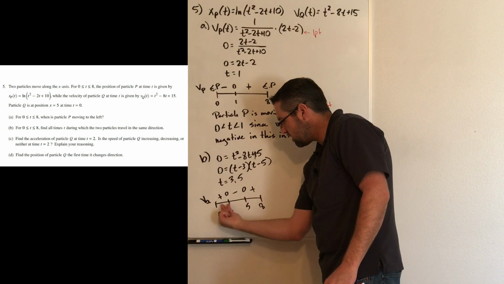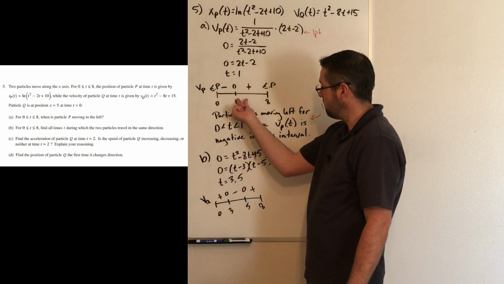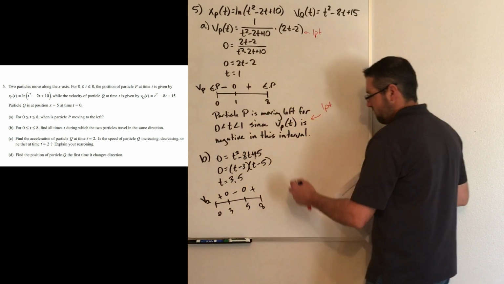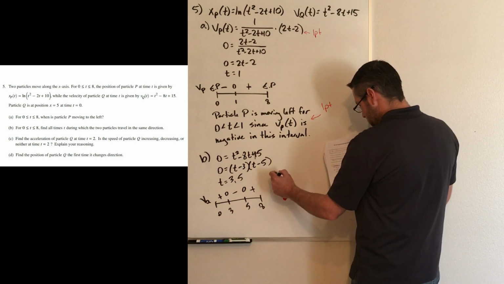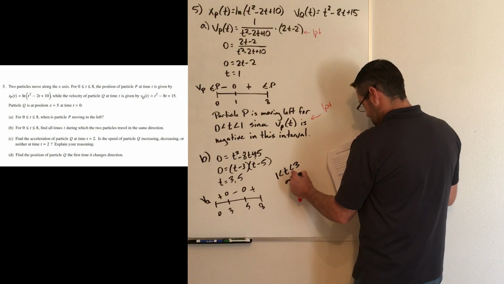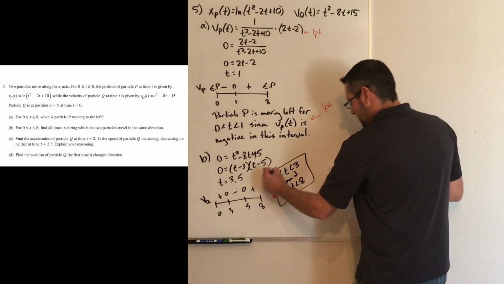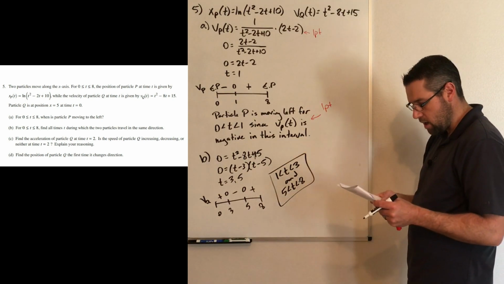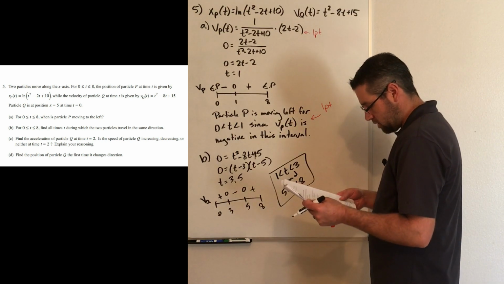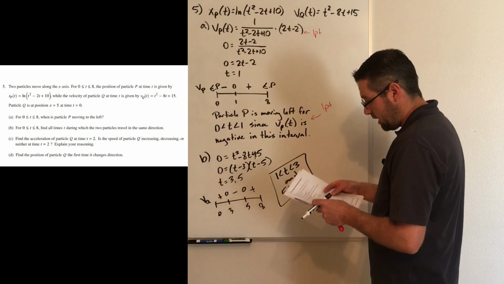So we can see that this particle will be positive from 1 to 3, and from 1 to 3 here, and positive from 5 to 8 here, and positive from 5 to 8 here. So we'd say our answer would be 1 is less than t is less than 3, and 5 is less than t is less than 8. And that is our answer there. It does not say to justify, so I guess that would work for your answer.